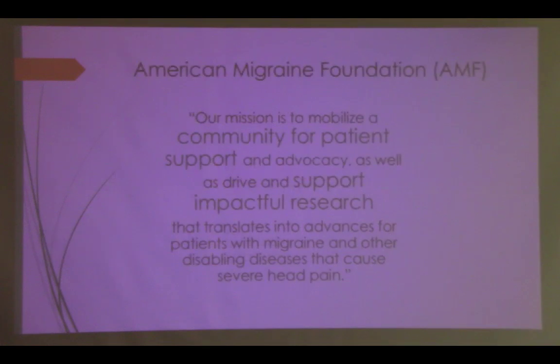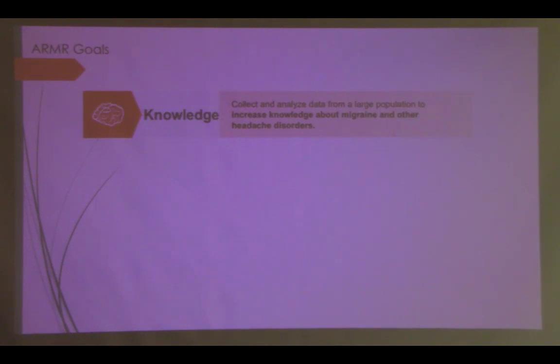And in the words of the American Migraine Foundation, I'd just like to highlight the mission statement. Our mission is to mobilize a community for patient support and advocacy, as well as drive and support impactful research that translates into advances for patients with migraine and other disabling diseases that cause severe head pain.